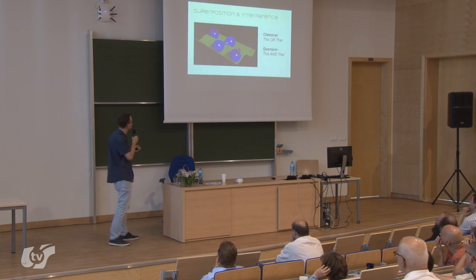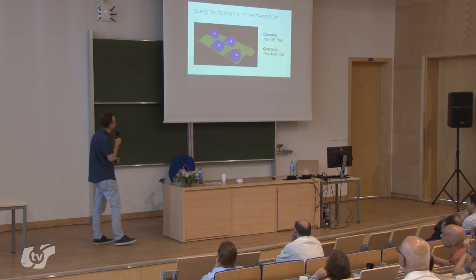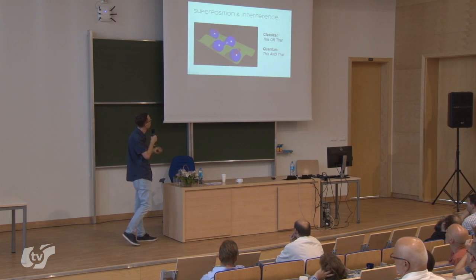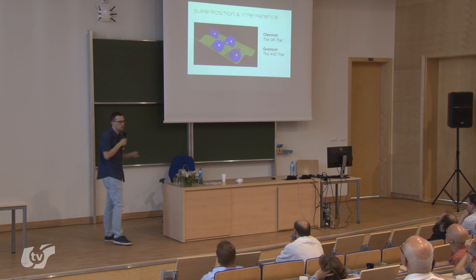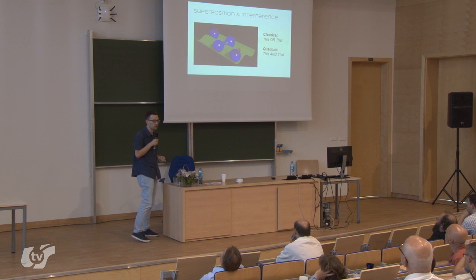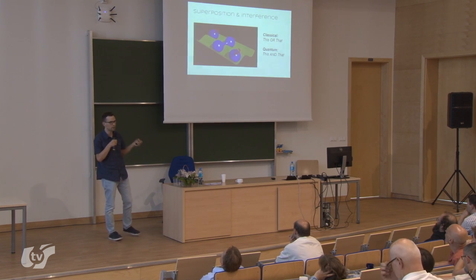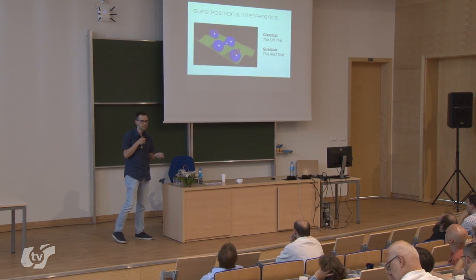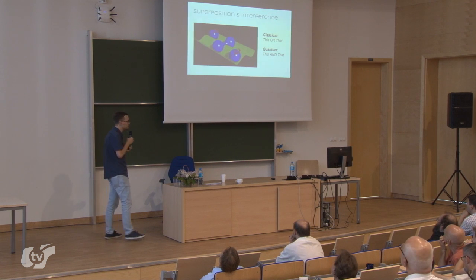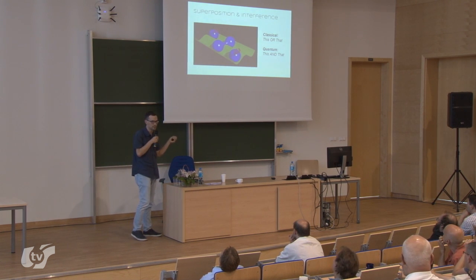So let's start with this property. To describe a superposition in quantum computing we use a very simple system, which is a qubit. A qubit is a system which has only two states.